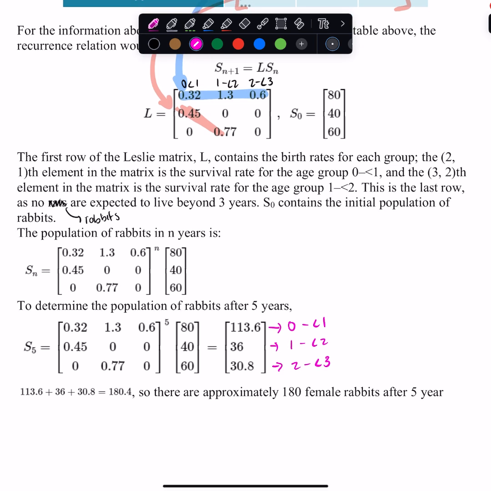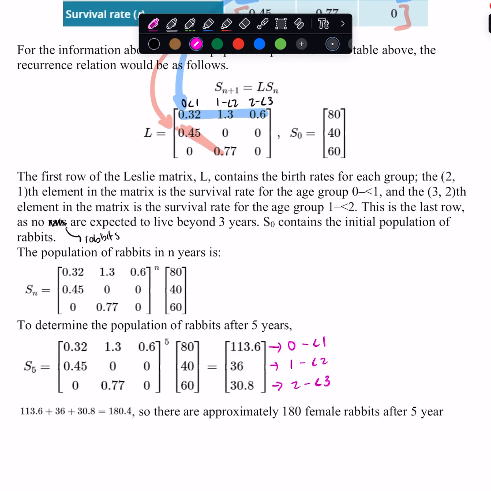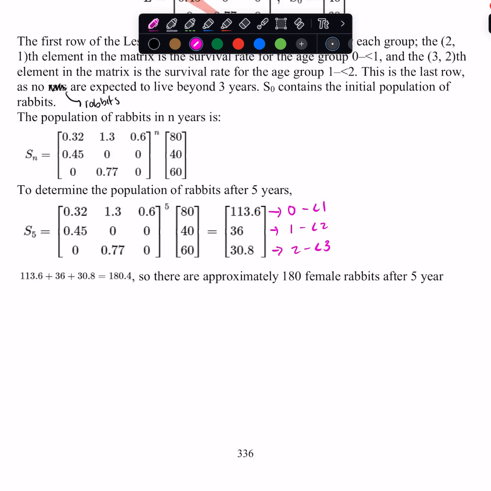Those are the numbers after 5 years. That's what it says. Cool. And if I want to find out the number, there are approximately 180 female rabbits after 5 years. How do they know that? Because they add all these numbers together.